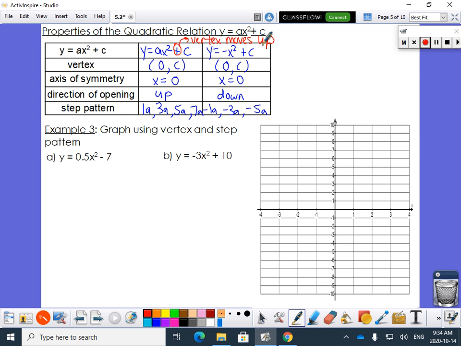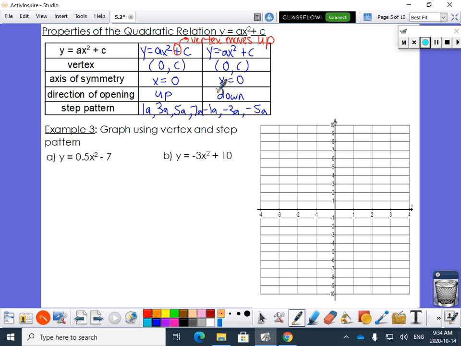Okay, and then over here we have y equals negative x. Sorry, I missed the a. Please add that in. Negative ax squared plus c. Well, our vertex is still going to be 0 for our x, but then this number becomes our y. X equals 0 because our x value of the vertex is still 0.